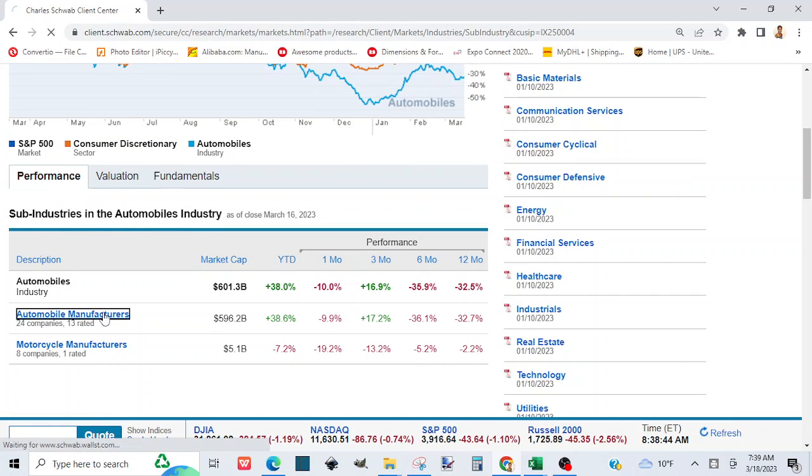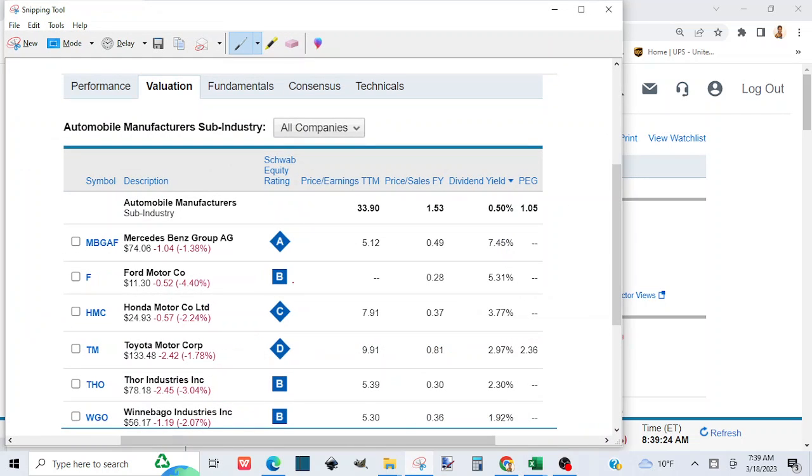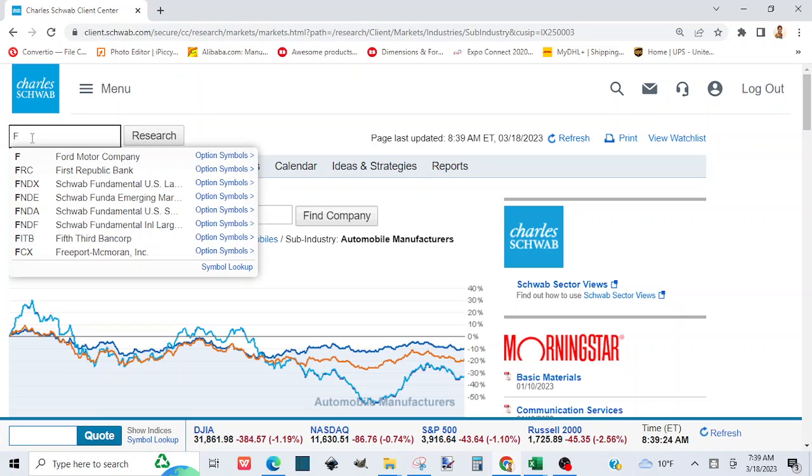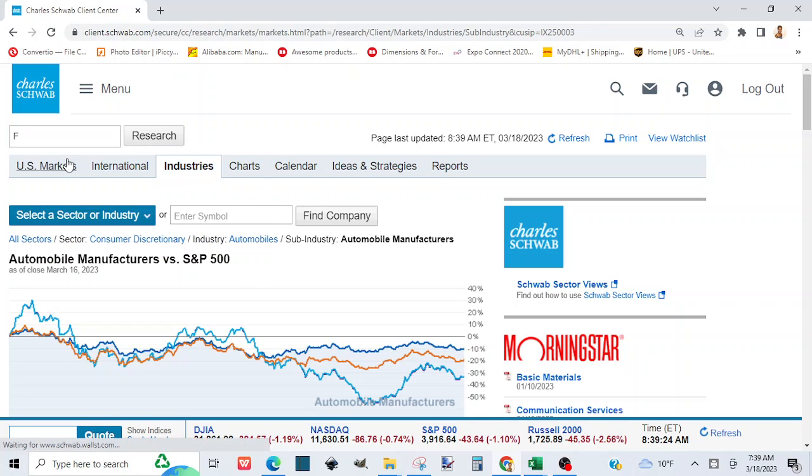So let's go back to automobile, back to automobile manufacturer, and let's see. We have Ford. So let's search Ford. When I do the search, I'm just going to put F, Ford. Then we can click on it.